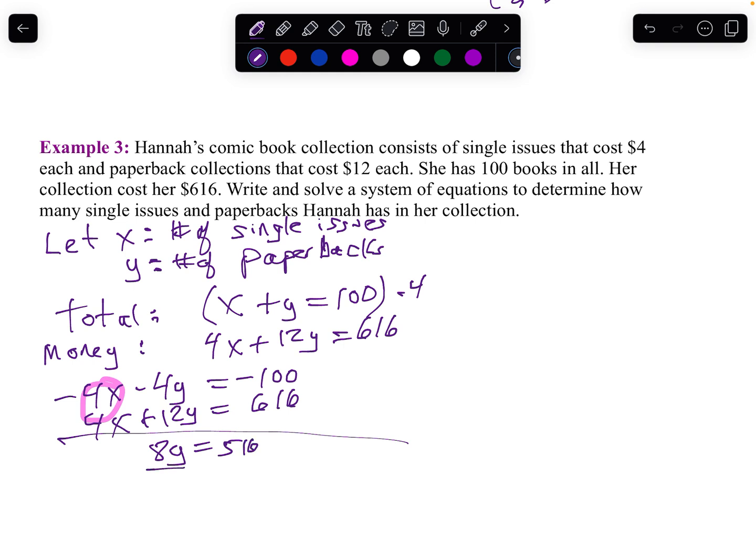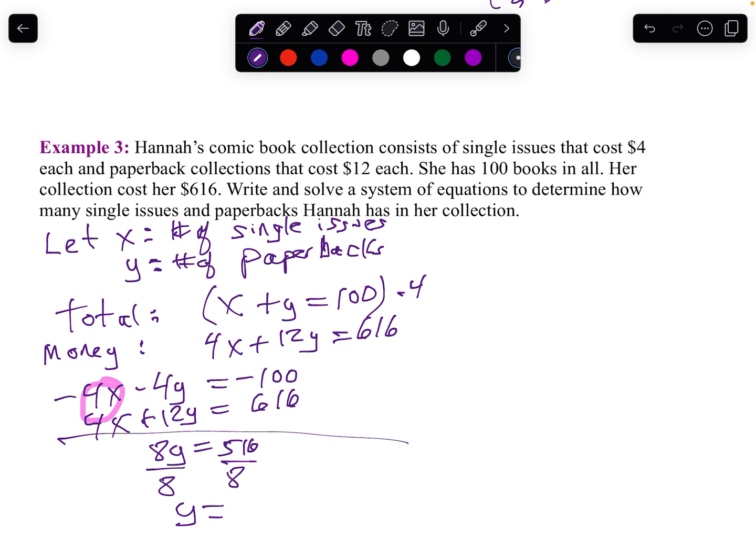So then I'll divide both sides by 8. This will be the number of paperbacks she has. So if we take 516 and we divide it by 8, did I make a mistake here? 616 minus 100 is 516. 12 minus 4 is 8, isn't it? Because I'm getting a decimal on my calculator.